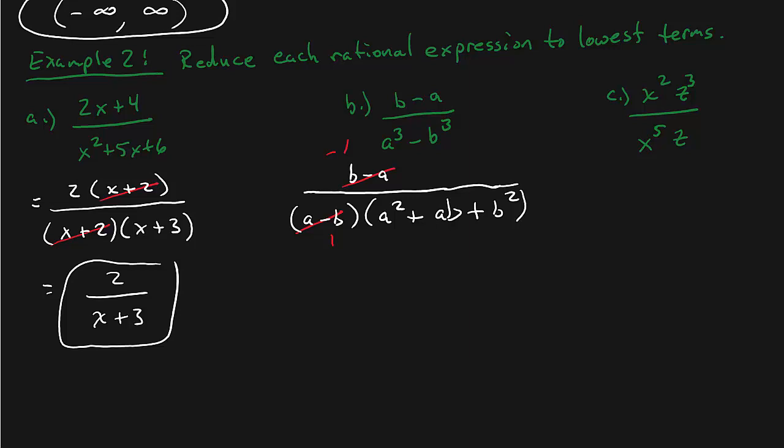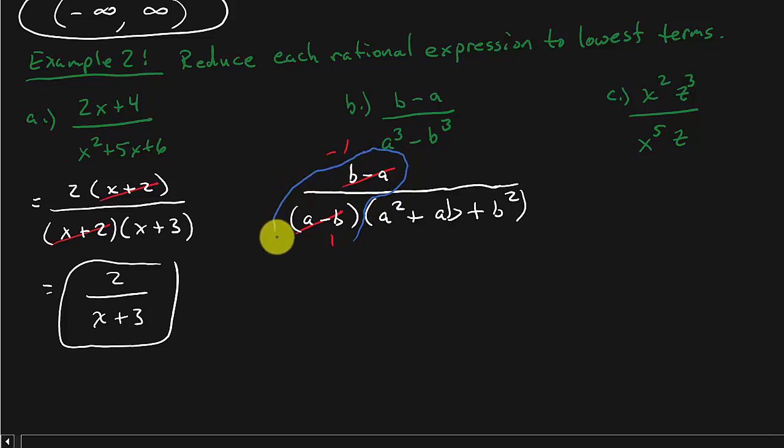Now, what I'm going to do is take just this part right here, the b minus a over a minus b. And I'm going to show you how when we cancel it, we get negative 1 and 1. I'm going to work it all out so you can see it step by step.